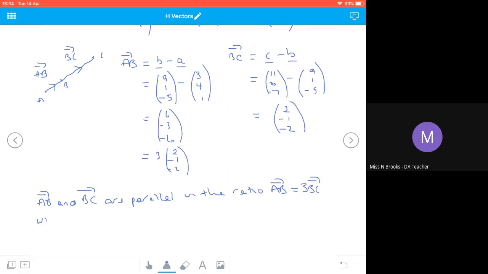We need to make sure that we state that there's a common point B. And then we say hence A, B, and C are collinear.